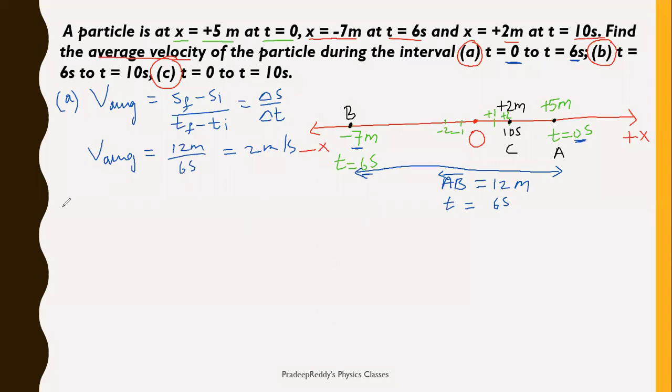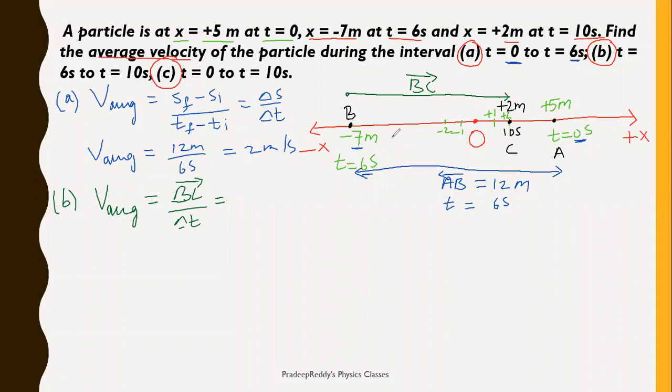Now coming to question B. Next question. You should now find out the average velocity between t is equal to 6 seconds to t is equal to 10 seconds. So V average is equal to, from 6th to 10th second, the body is traveling from here to here, right? This is B and this is C. This is length BC and it is rightward. That is BC divided by time taken. Time taken is how much? Final time is 10. Initial time is 6. That is delta T I am writing.